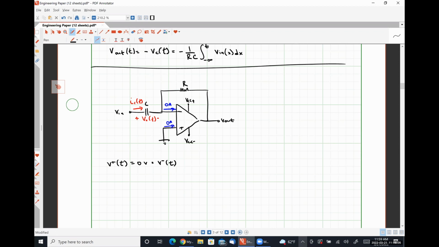We're going to apply Kirchhoff's current law at our inverting input node just the way that we did last time. So the current flowing in is IC of t, and the current flowing out is 0 minus V out over R, or just negative V out over R.